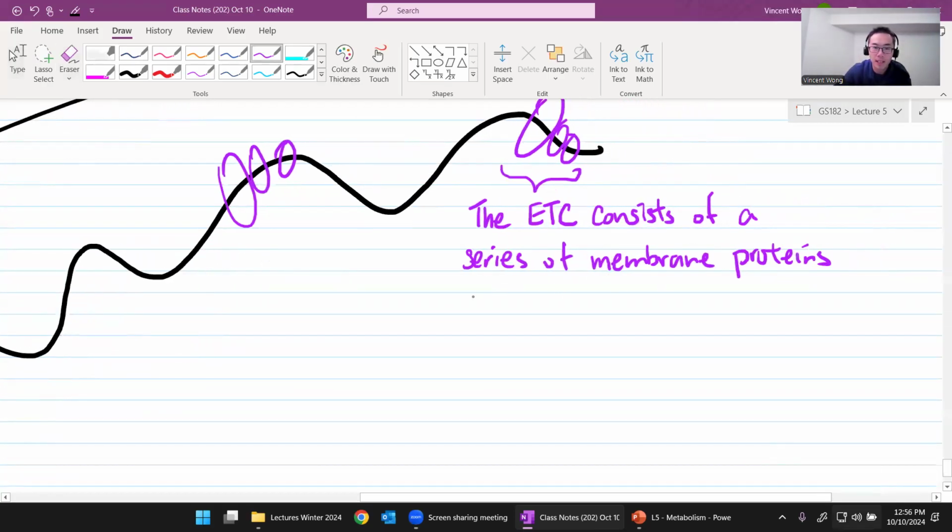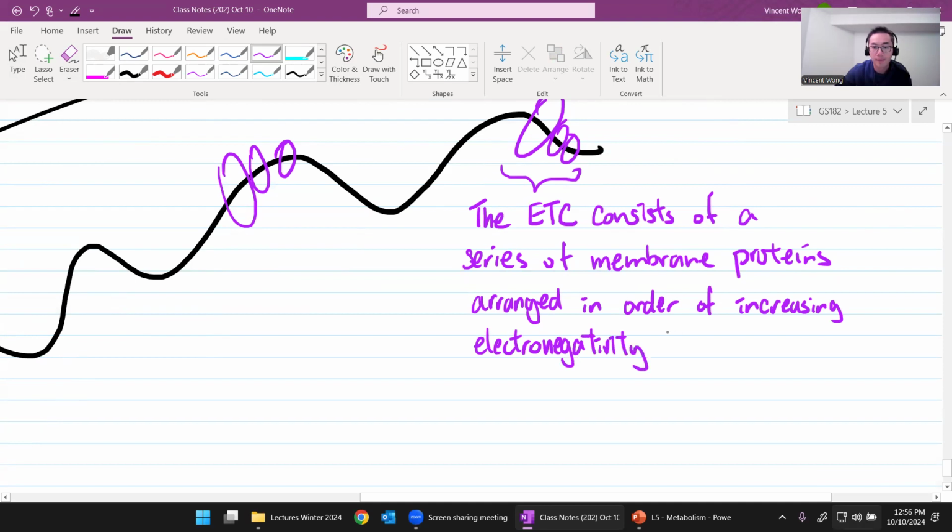Series of membrane proteins arranged in order of increasing electronegativity. Okay, meaning attraction for electrons. Okay, just copy that down first, and then I'll explain to you what that means.